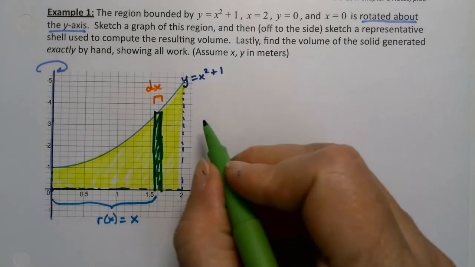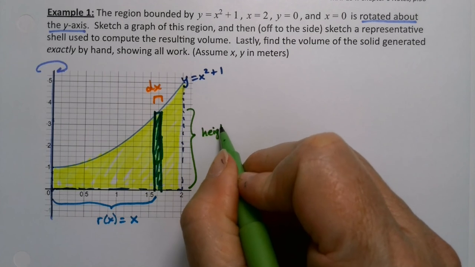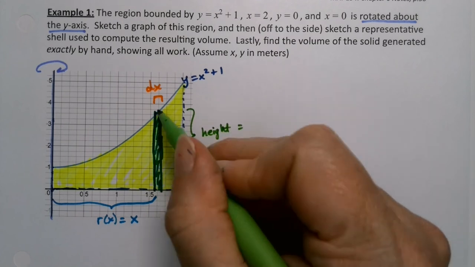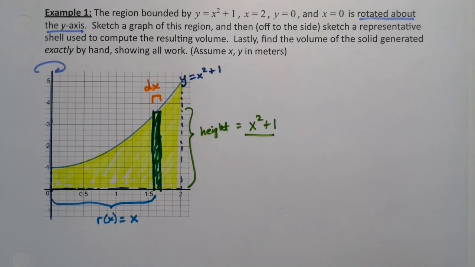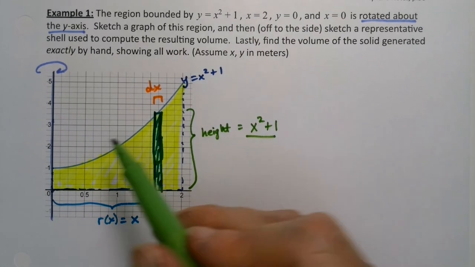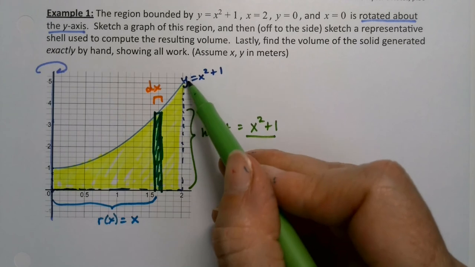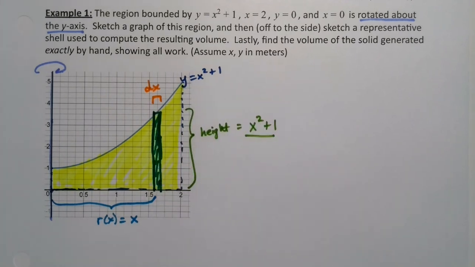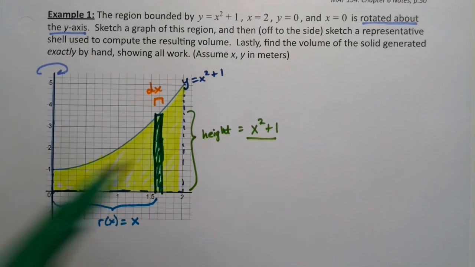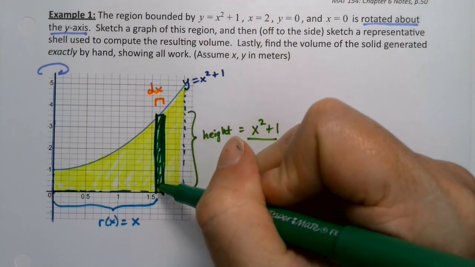The height would be equal to this distance right here, from 0 up to that curve, and that's what x squared plus 1 is. That's how we define functions back in algebra class, right? So that height would be that curve, because it's from 0 up to that.